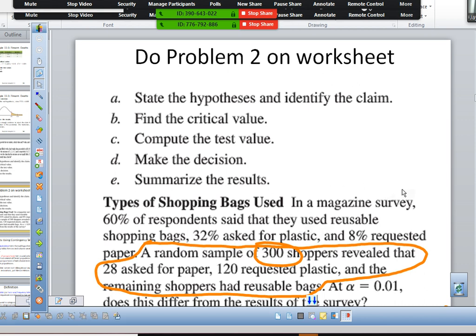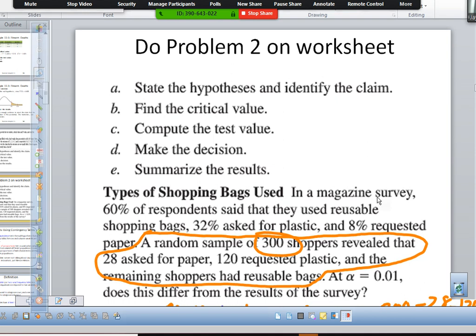Let's get a reader. Jay, you're awake, so why don't you go ahead and read it? Start from here, from the types of shopping bags used. The types of shopping bags used: in a magazine survey, 60% of the respondents said that they use reusable shopping bags, 32% asked for plastic, and 8% requested paper.